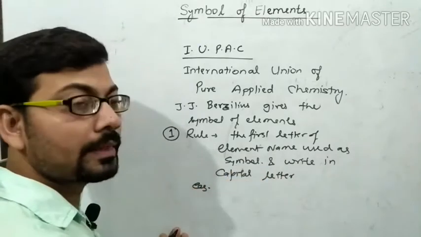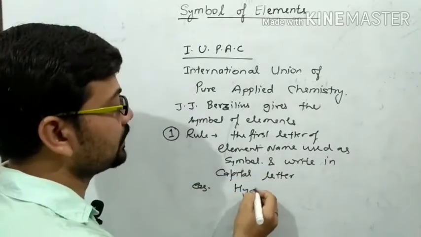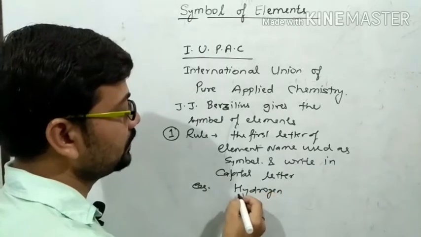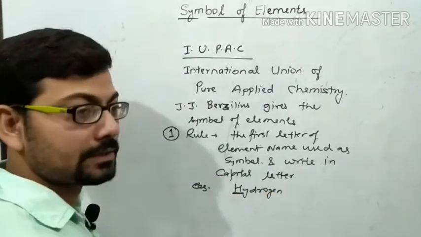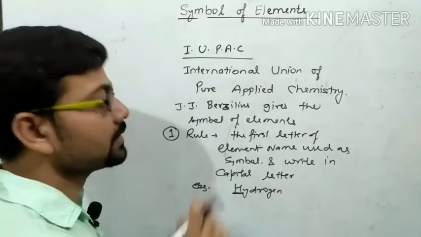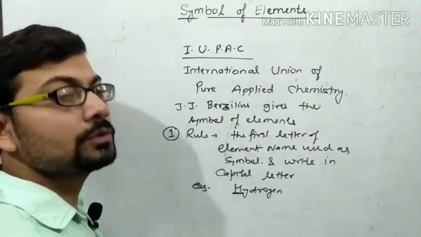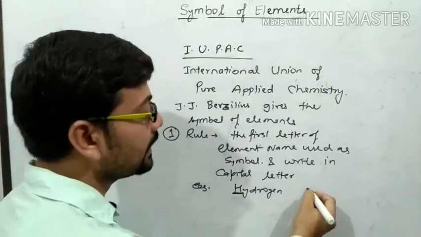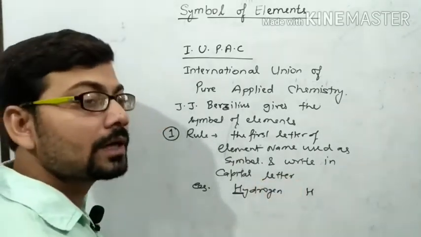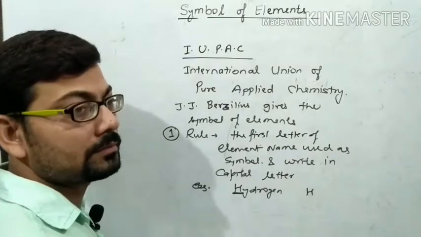Example, hydrogen. In the case of hydrogen, the first letter is H. So what is the symbol of hydrogen? Your answer should be capital H, not small.